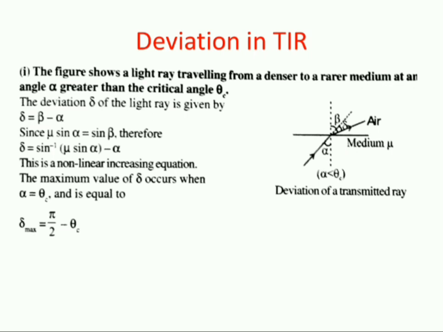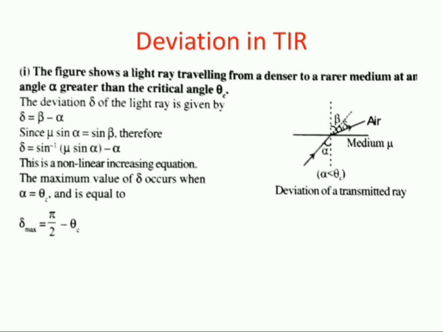Deviation has two values. Before total internal reflection, deviation is different, and once total internal reflection occurs, deviation will be different. So look at this diagram. In this diagram, what is deviation? An incident ray is traveling from a denser to a rarer medium, and if the angle is less than the critical angle, it will undergo refraction.